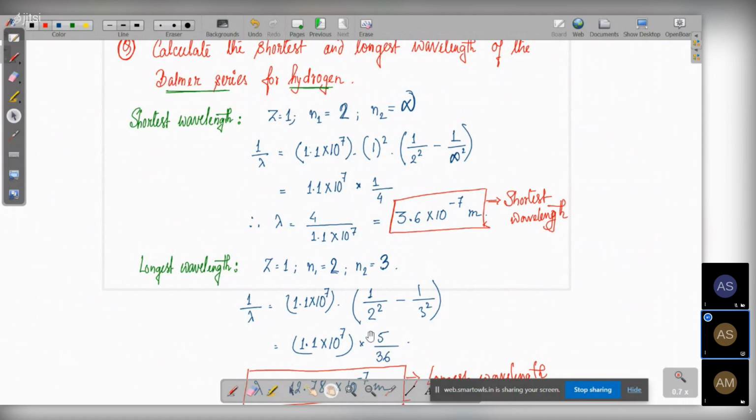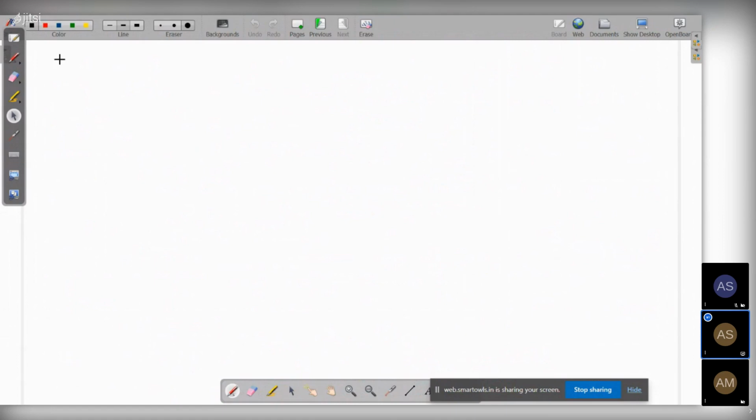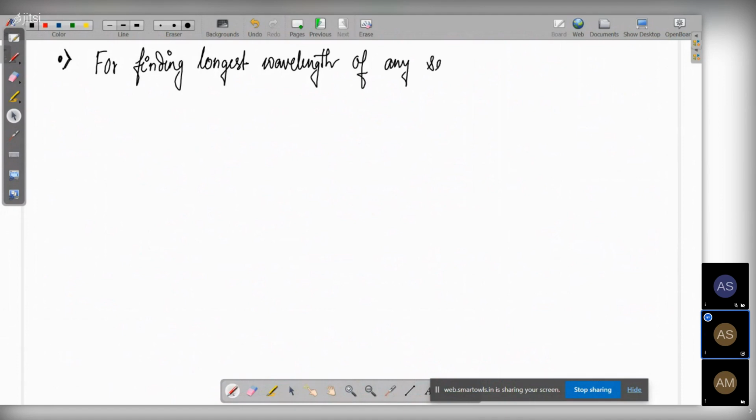Let's write it down. For finding the longest wavelength of any series, consider the alpha line.